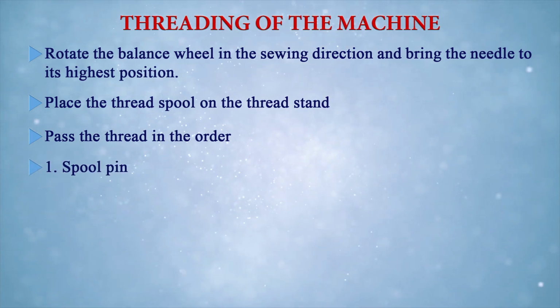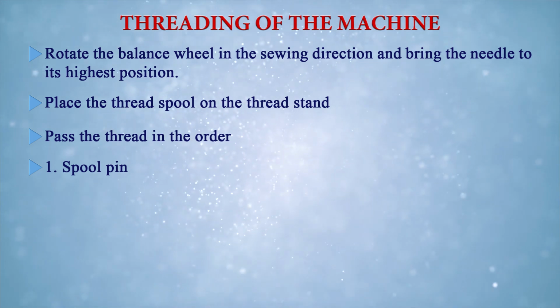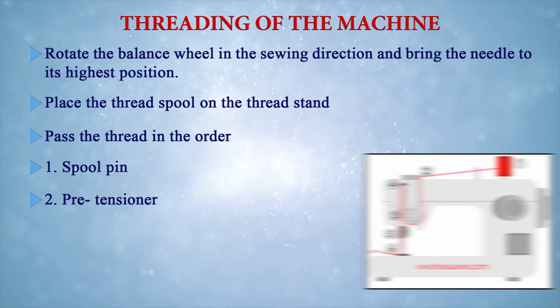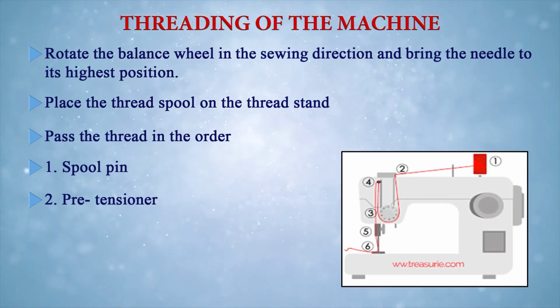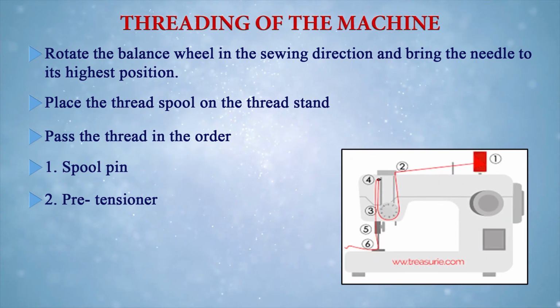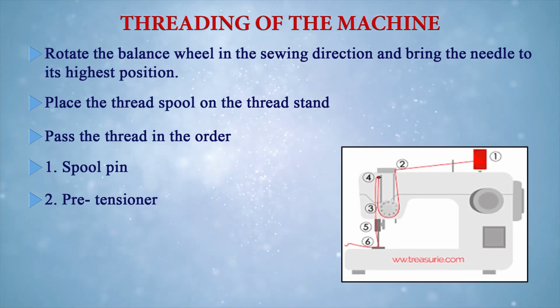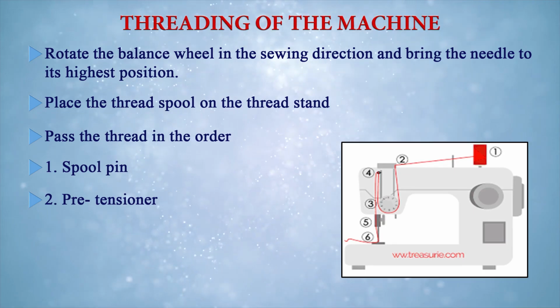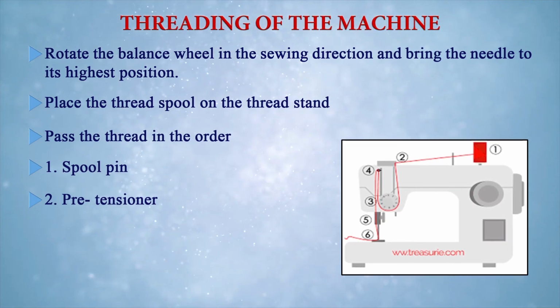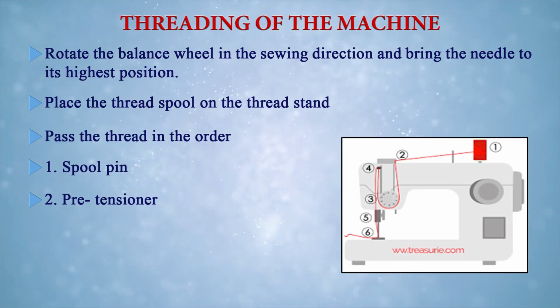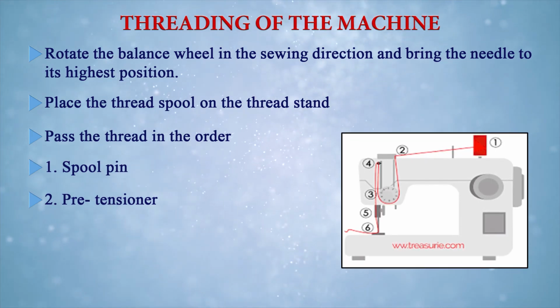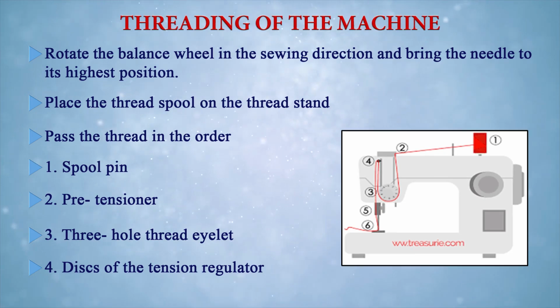Then second on the pre-tensioner, as you can see in this picture where the points are mentioned. So first we put the thread spool on the spool pin, then second is the pre-tensioners.